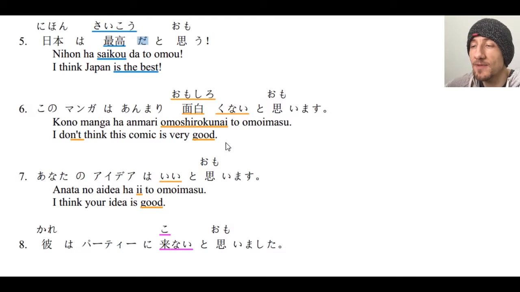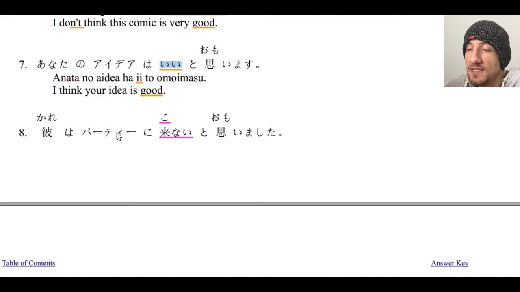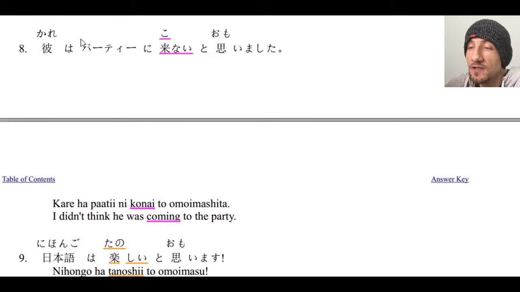I don't think this comic is very good. 面白くない is the nai form of an e adjective, but still there's no だ. 面白くないと思います. Number seven, あなたのアイデアはいいと思います. I think your idea is good. いい is an e adjective. いいと思います.